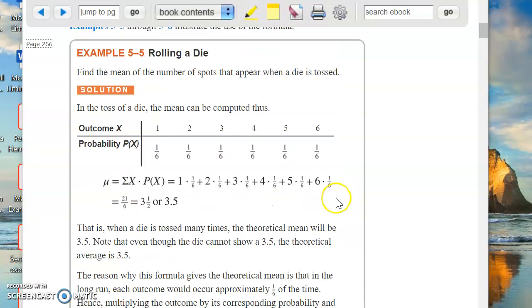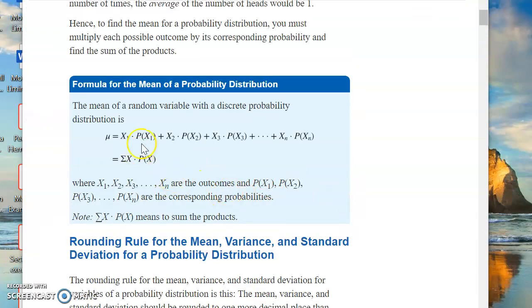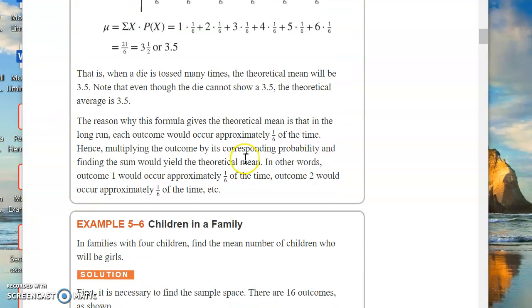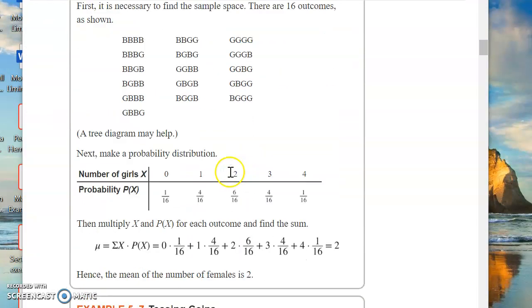Okay, so using our formula in the blue box here to find the mu, and by the way, we're using mu instead of x bar because mu is the mean of the entire population. It's not a mean of a sample. So we come back here, we use our formula. It's going to be, the first one, x sub 1 is 0 times 1/16, plus 1 times 4/16, plus 2 times 6/16, and so on.